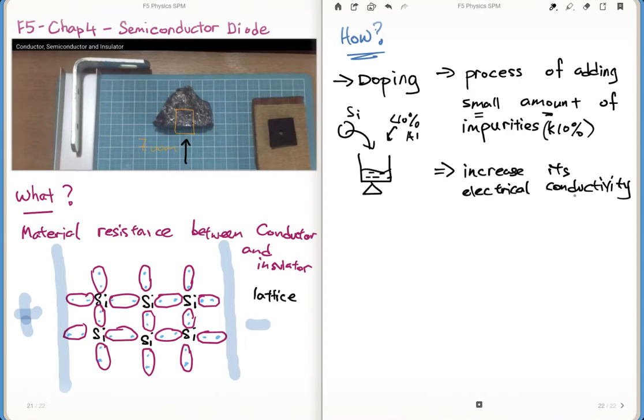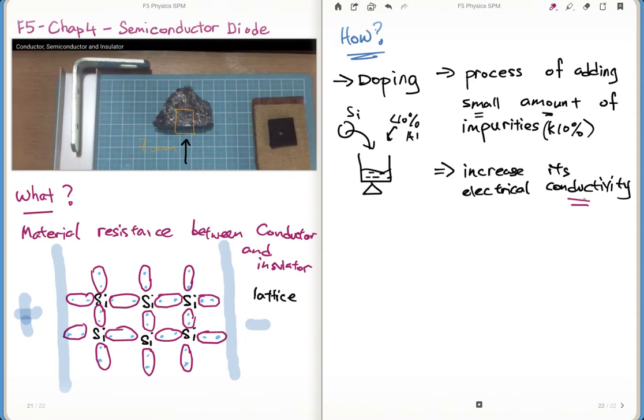Now you realize I only mention conductivity and do not mention electrical, because in this Chapter 4 we talk about electronics. So in the future I will just say conductivity for all the videos related to Form 4 Chapter 5. It is our common understanding that it means electrical conductivity, meaning electrons would pass through it.